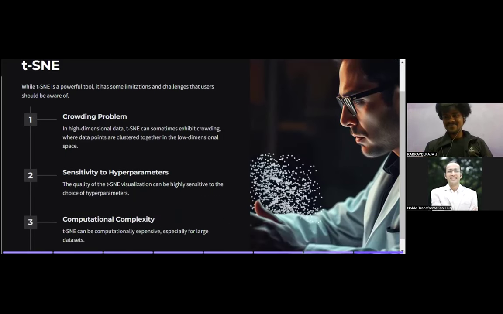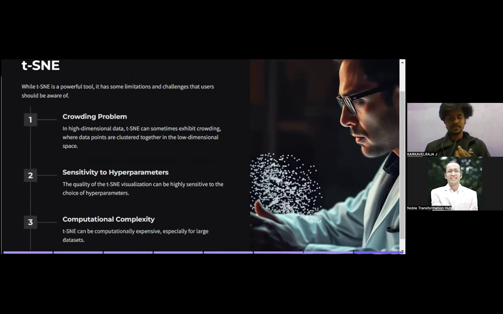And then sensitivity to hyperparameters: the quality of t-SNE visualization can be highly sensitive to the choice of hyperparameters.